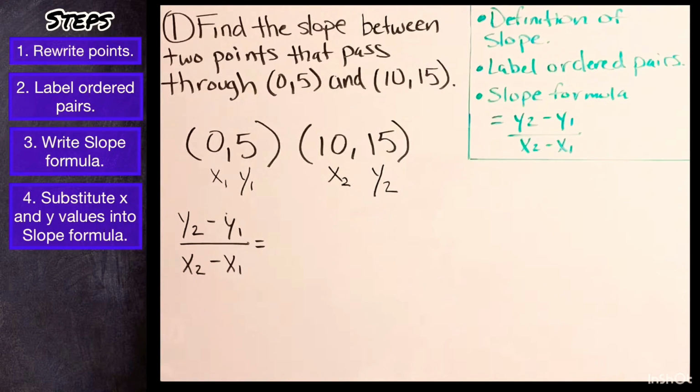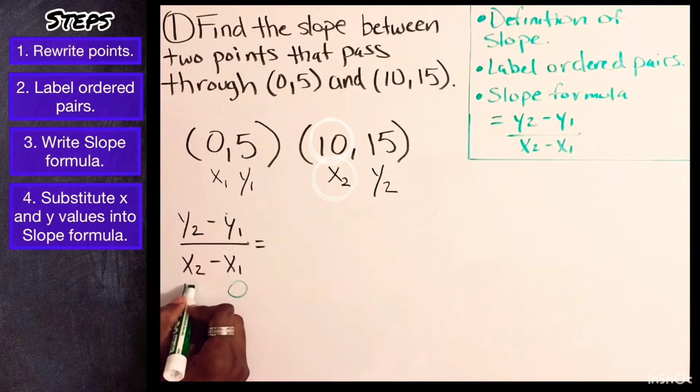Now, I'm actually going to write the values right above the formula and right below the formula to avoid making mistakes. If we look at our value for x sub 1, we see that x sub 1 equals 0, so I'm going to put a little 0 here. And then we see that our x sub 2 equals 10, so I'm going to put a 10 here.